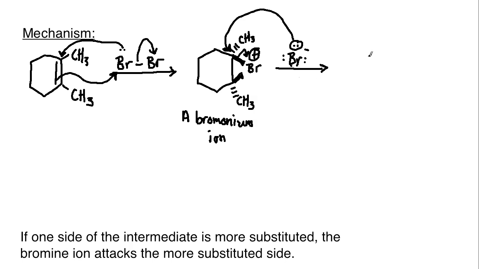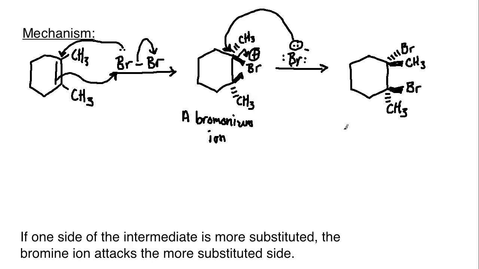So what I end up with is a product where I see that the bromine that came in from behind, because the bromonium was out in front, would be located right here, and that pushed or inverted the methyl to the front as this happened. And then I have the Br down here that was initially a result of the bromonium ion that formed, and this is the final product that I would observe here.